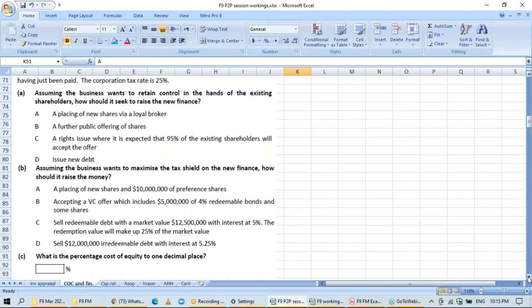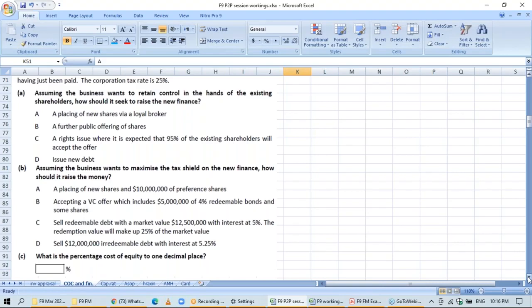If you have an option to borrow, it's better to borrow rather than obtain equity so that you can take advantage of the tax shield. Tax shield means that due to borrowing you pay interest, and that interest helps you save some tax.